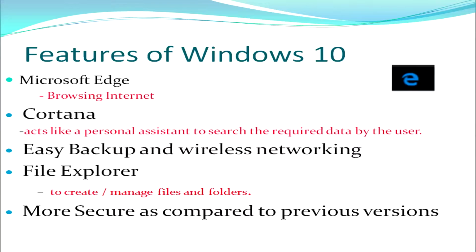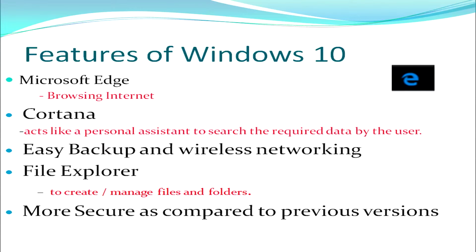Let us discuss some of the important features of Windows 10. The first feature is Microsoft Edge. It is used for browsing the net. You must have heard about other browsers like Internet Explorer, Chrome, Mozilla. This particular browser is also used to surf the net. You have a new feature called Cortana.